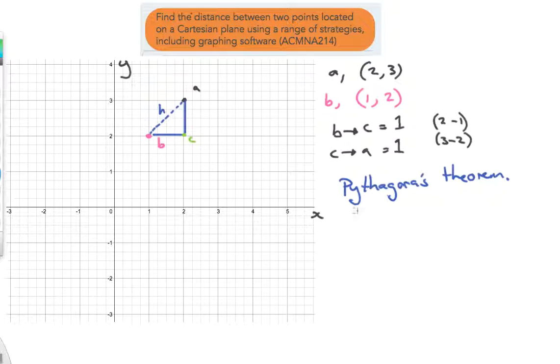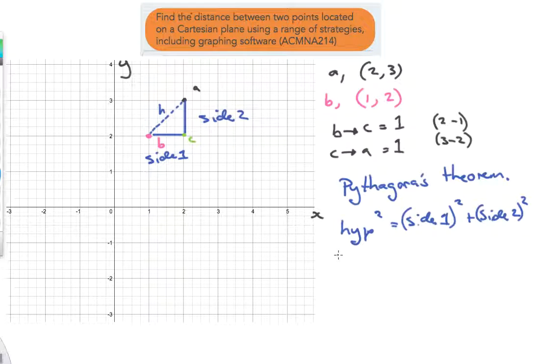And that says that hypotenuse squared is the same as side 1 squared plus side 2 squared. Right? So that's what we're dealing with. Hypotenuse squared, which is this one, is the same as side 1 squared plus side 2 squared.